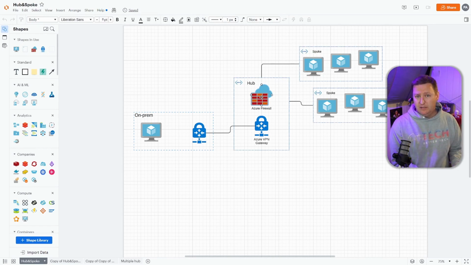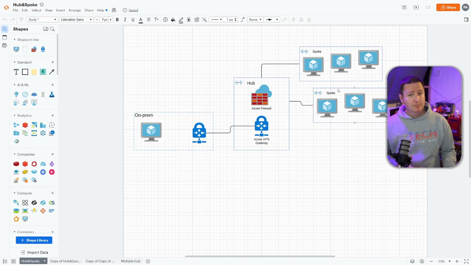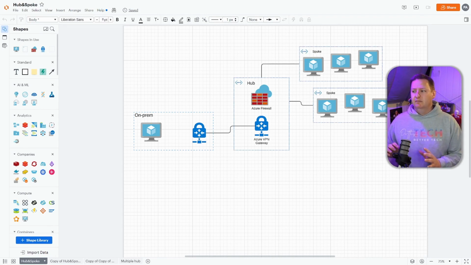By doing it that way, you have total control over the network traffic that flows in and out of the spoke, and you don't have to worry about VNet peering between the spokes, for example, because that can be a hassle when it gets to many peerings. So this is a way to minimize the number of VNet peerings and thus lowering the complexity of your networking, making it quite easier to manage and to wrap your head around.